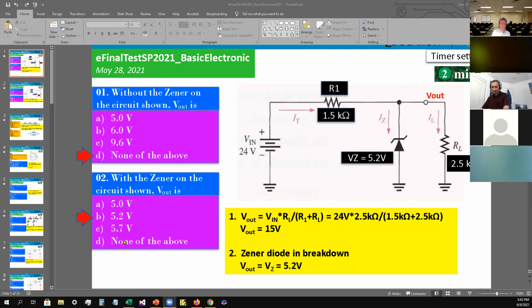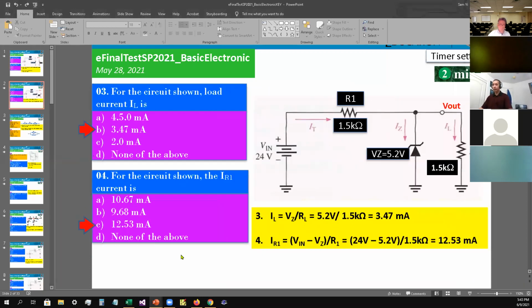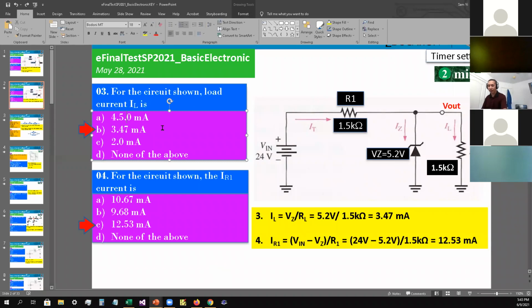Okay, all right, next one. For the circuit shown, load current IL is... oops, maybe I'm going to make a correction there. IL would be... Okay, so for the circuit shown, IL, like we said, is at breakdown voltage, so it's going to be the 5.2 volts divided by RL.